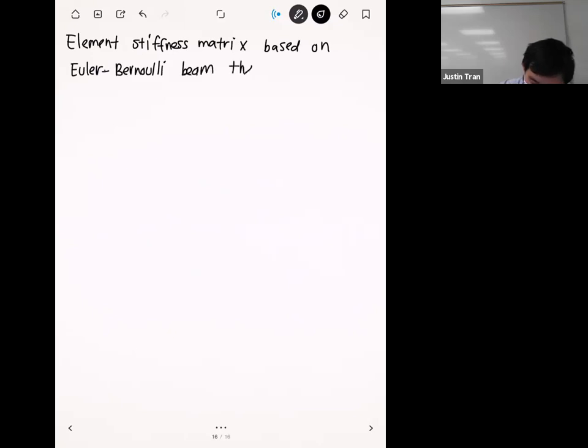So element stiffness matrix, based on Euler-Bernoulli beam theory, and it connects loads to deformations.